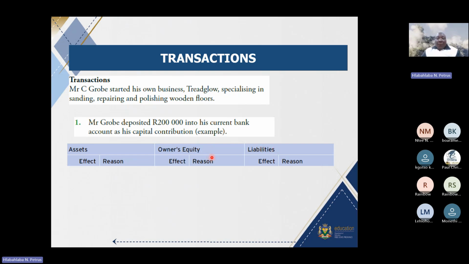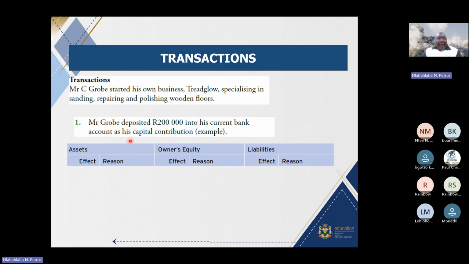For now, remember this: don't stress yourself about the liability. Only focus on the assets and owner's equity, because in grade 8 we only focus on the accounts that fall under the assets and owner's equity. The liability, you are going to do when you get to grade 9.